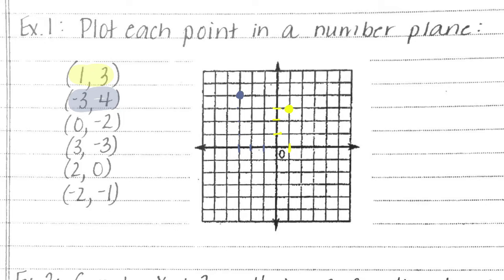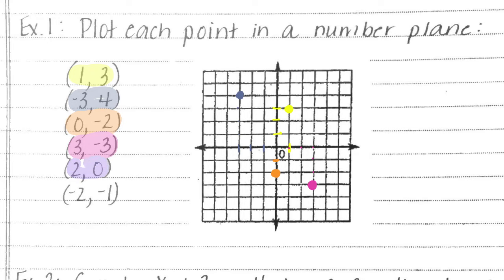So that is the graph that I just drew in dark blue. 0, -2, we're not going anywhere on the x, but we are going down 2 on the y. 3, -3 is going to go right 3 and down 3 in pink.